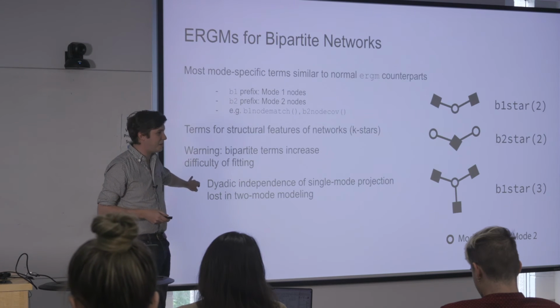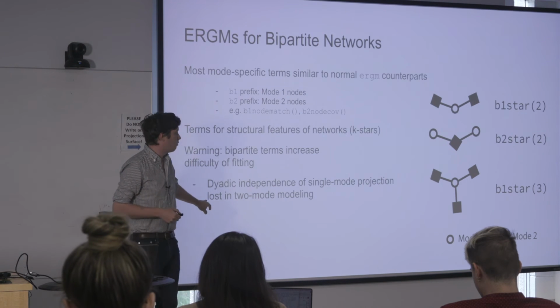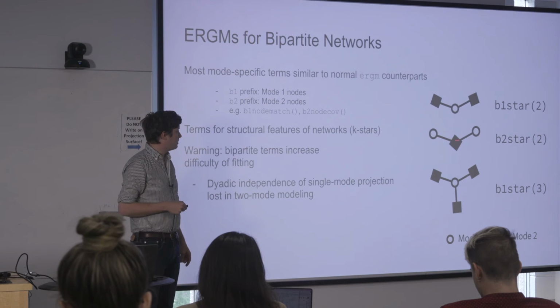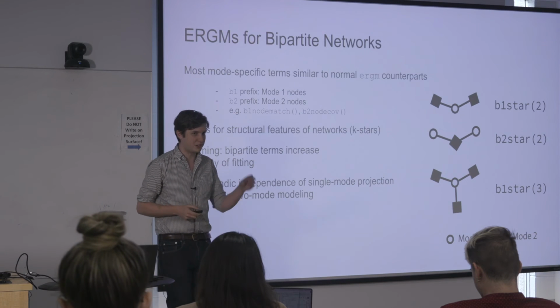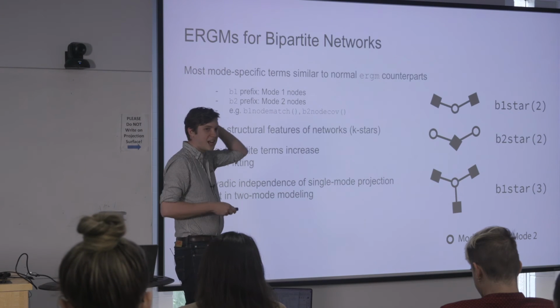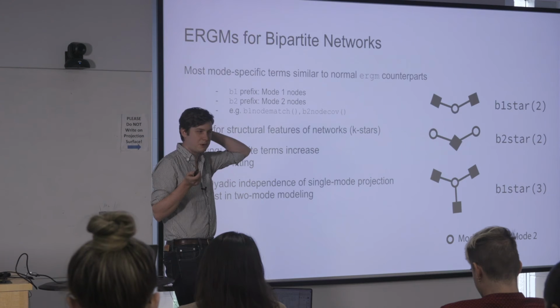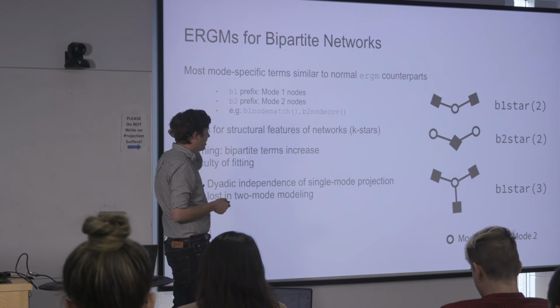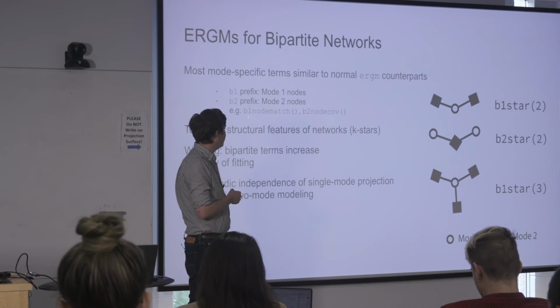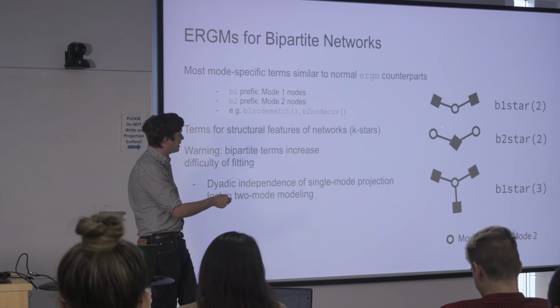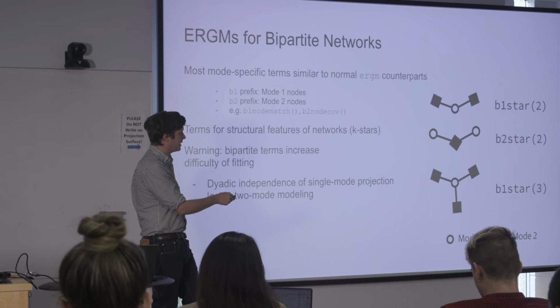There is one thing to keep in mind. Things as simple as node match are typically treated as dyadic independent terms in a single mode network in ERGM. Because B1 node match is basically implying this 2-star here: these two people share a tie through this based on some property that they each have.